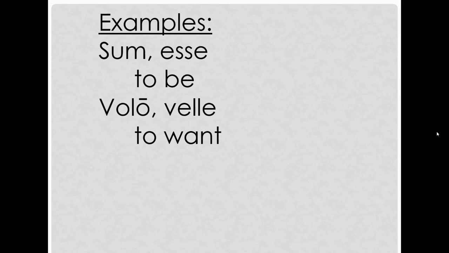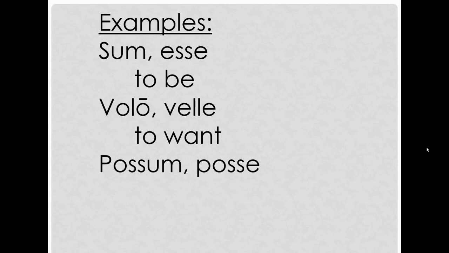Again, another verb you've seen. Want, right? We get the word volunteer from it, voluntary, involuntary, volition. These are some derivatives. And there are six irregular verbs, but I'm just going to put three on the back just as examples. Possum posse actually comes from the verb sum esse, but instead of just to be, it is to be able.